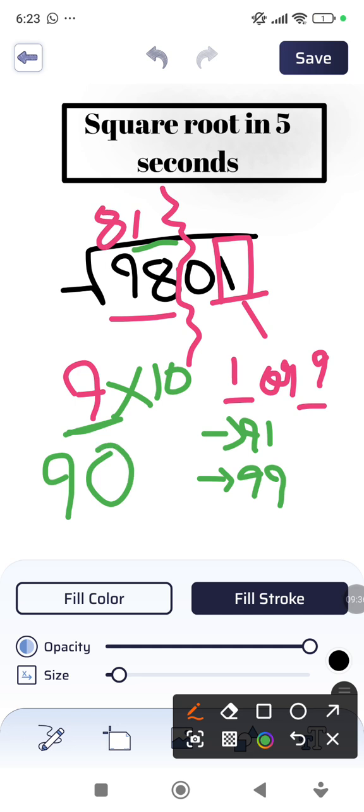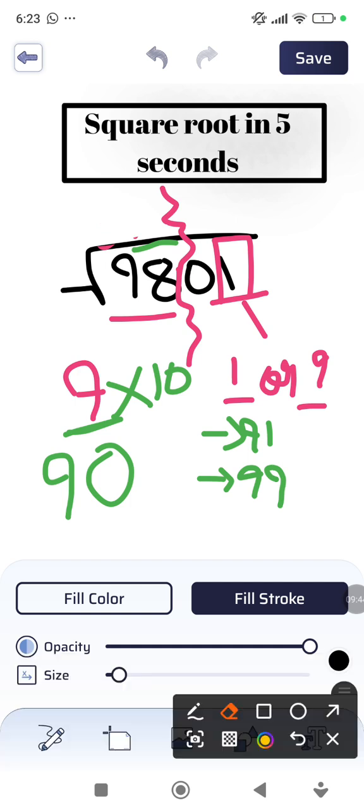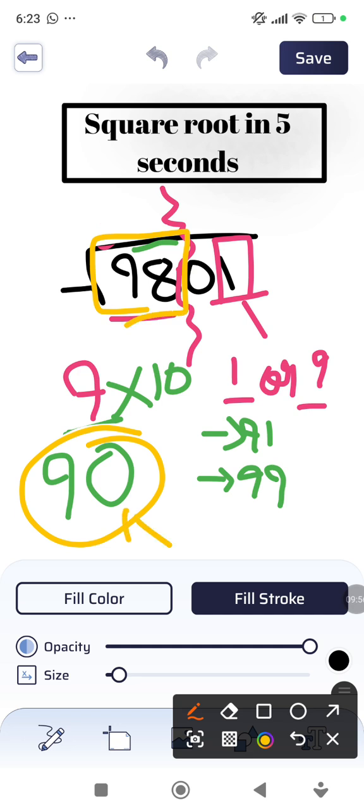Now this is the reference number, just for reference. Now you will see whether the first half of the number is smaller or greater than this reference number.